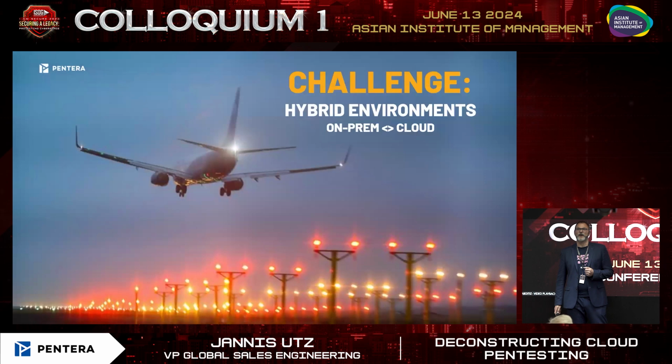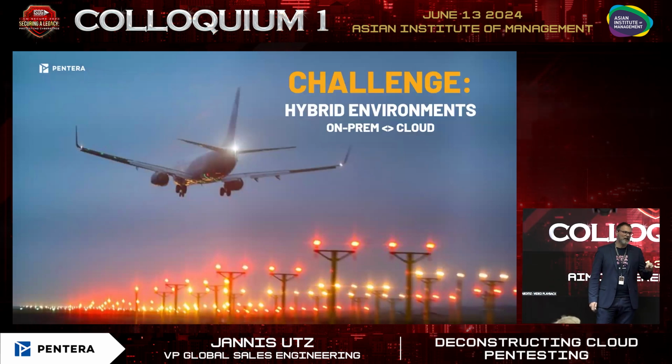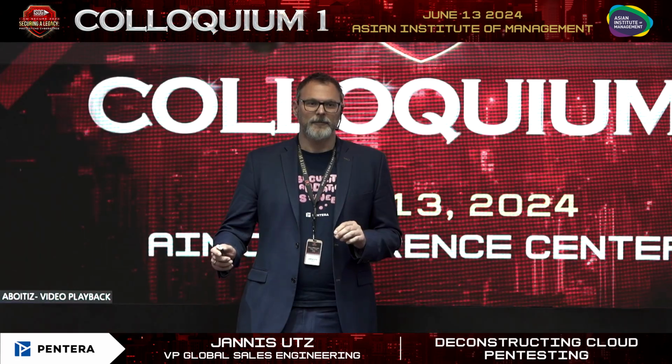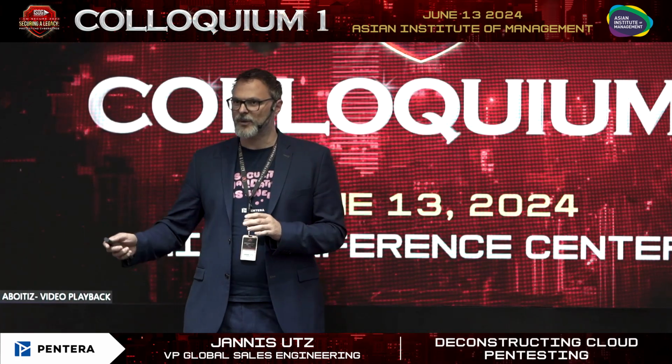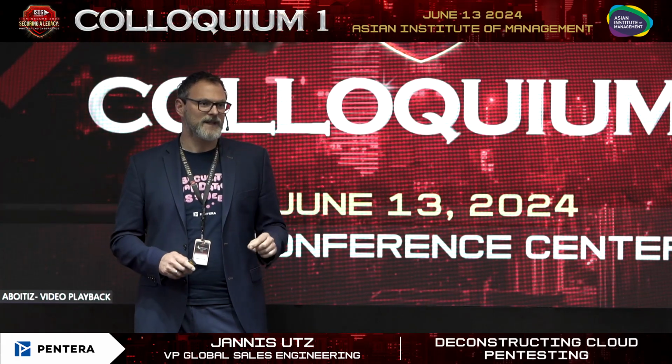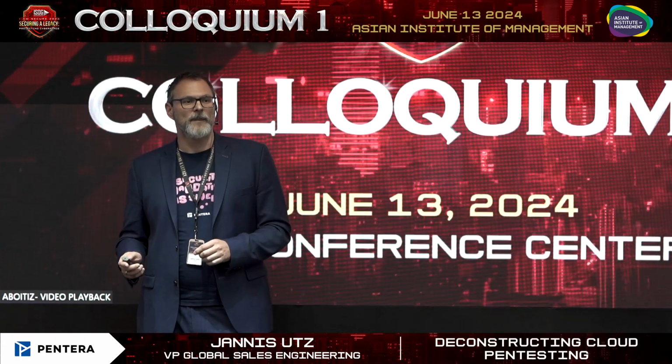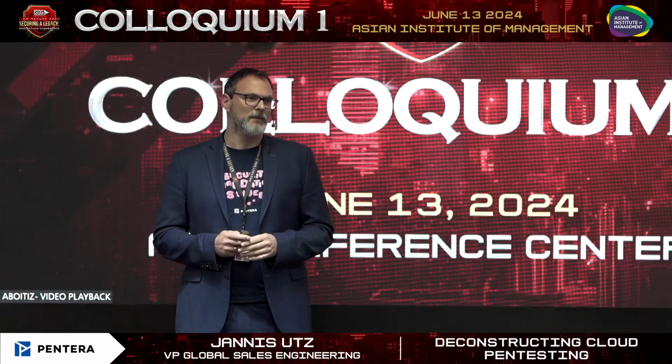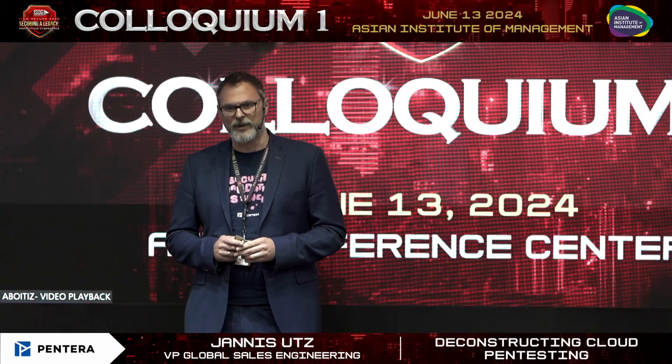One of the points also is that usually there is no true cloud only. Even someone who has most of their data in the cloud would still have certain user systems on-prem, but I would say most customers that I see are truly in a hybrid situation.